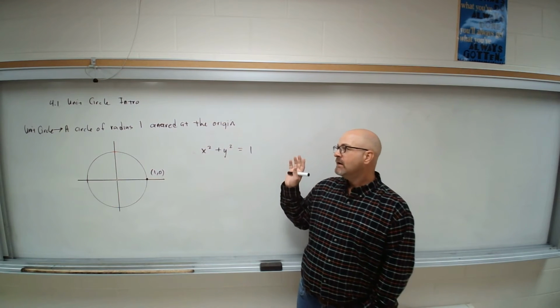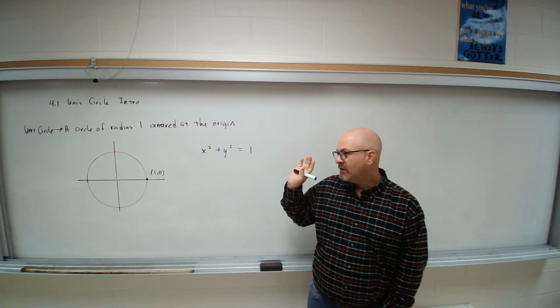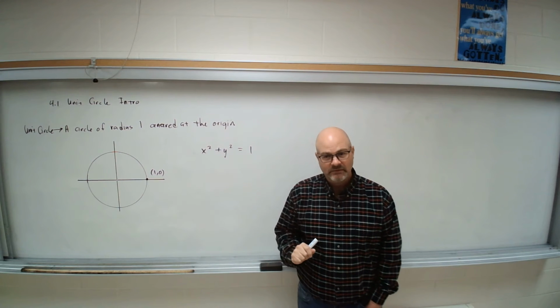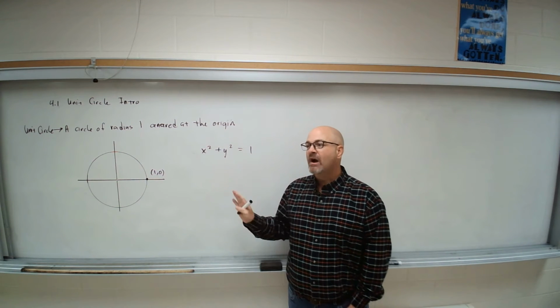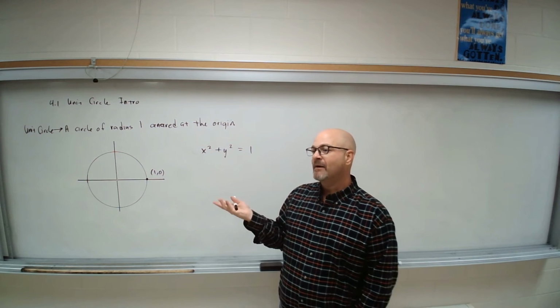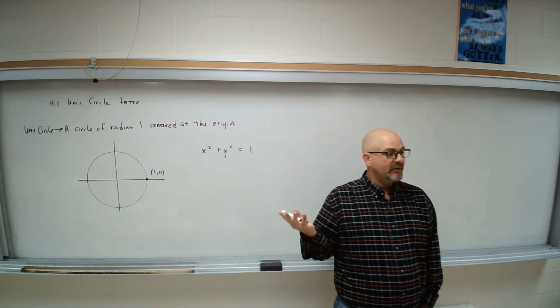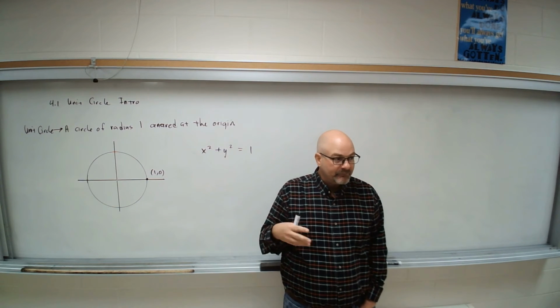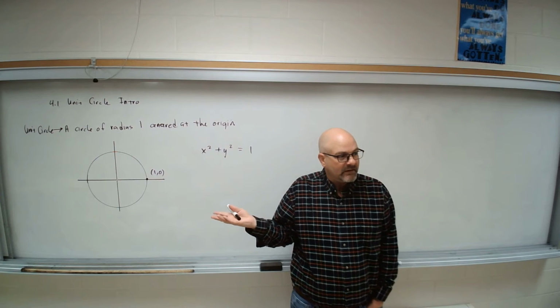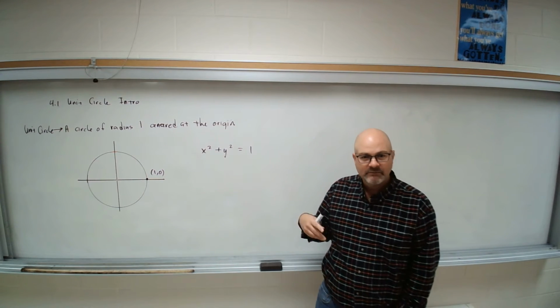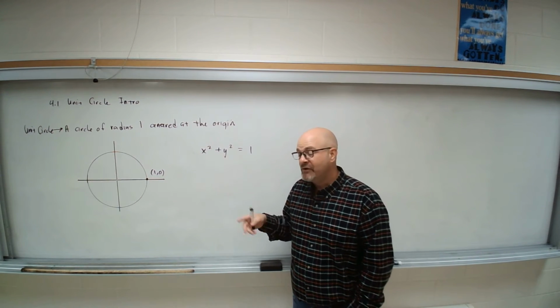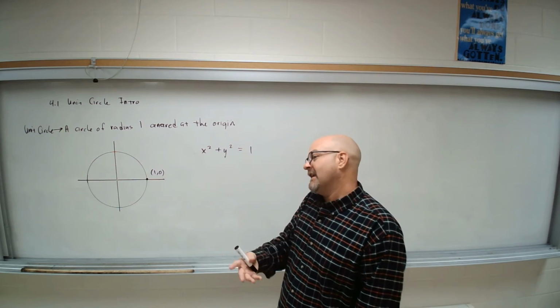All of our trigonometric facts we can derive from this circle. And it's more powerful than a triangle because with a triangle we're limited by the number of degrees we can have. The biggest angle you can have in a triangle is less than 180, and then it's a pretty weird triangle anyways. And in a right triangle, the biggest angle you can have is 90, and then an acute angle.